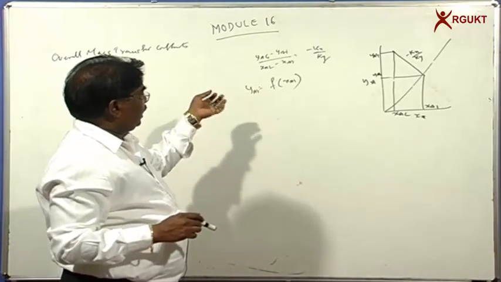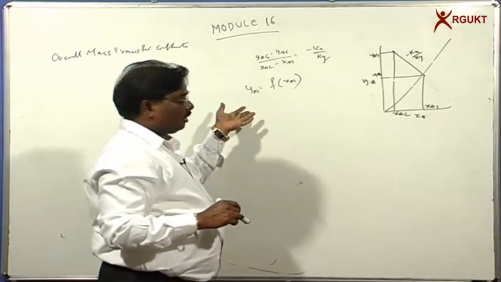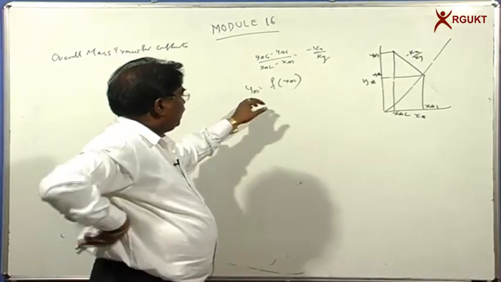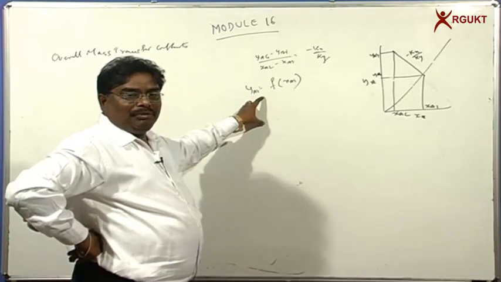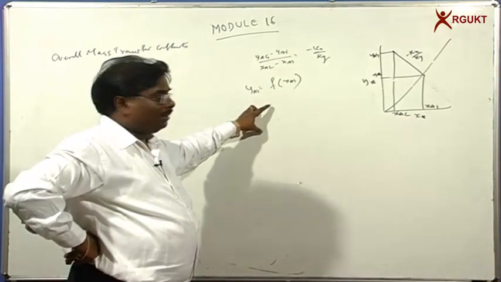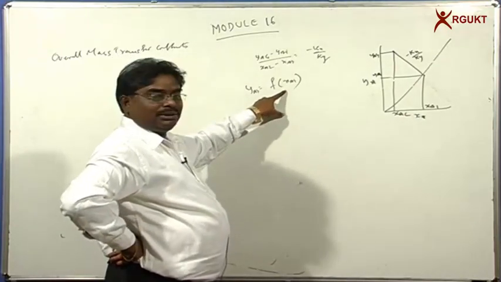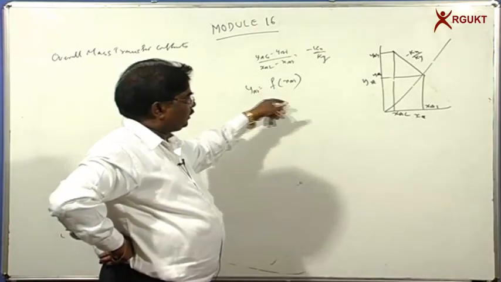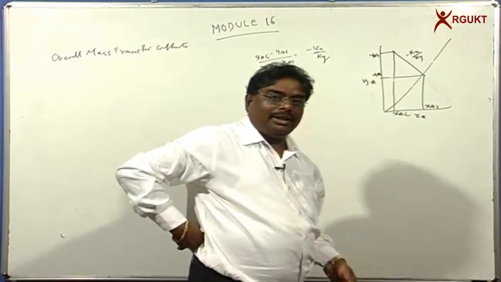If the solutions are dilute, or ideal solutions, one can use Raoult's law or Henry's law, and we can have some sort of functional relationship. But if the solution is not ideal and does not obey Henry's law, then putting a simple functional relationship like this is not easy. There will be a complex functional relationship. This equilibrium relation is highly nonlinear in nature.